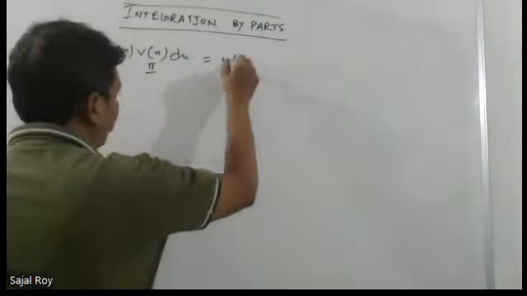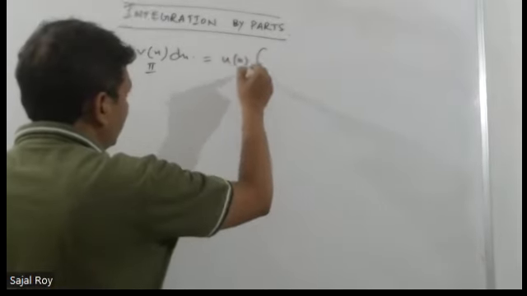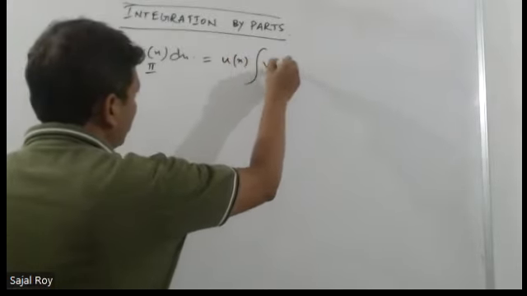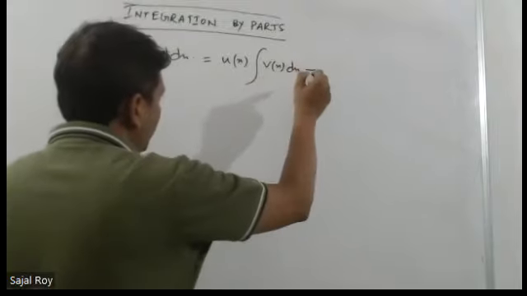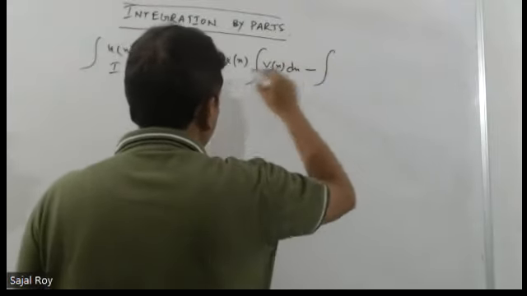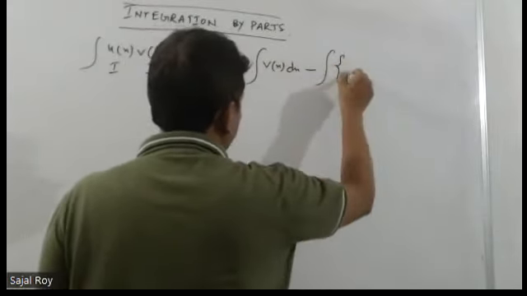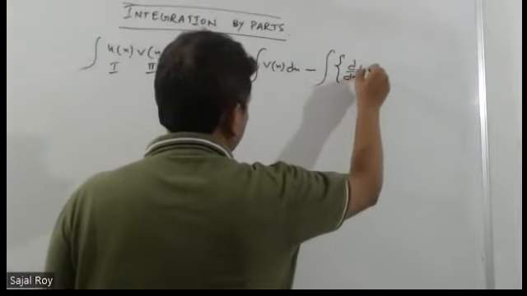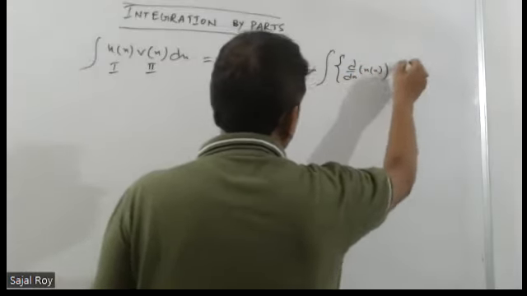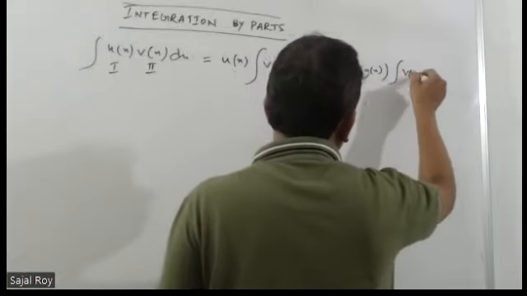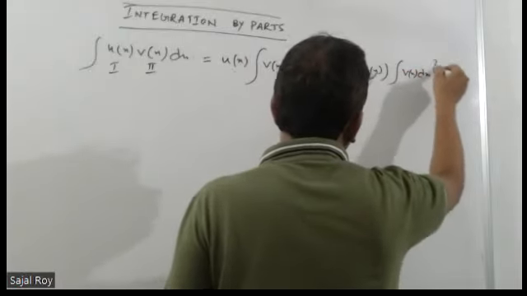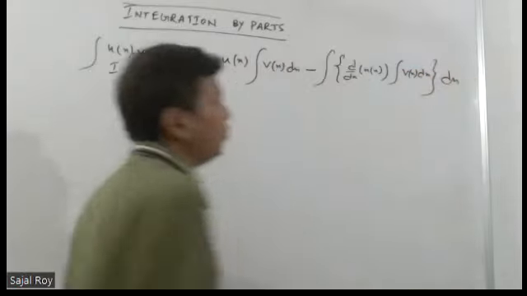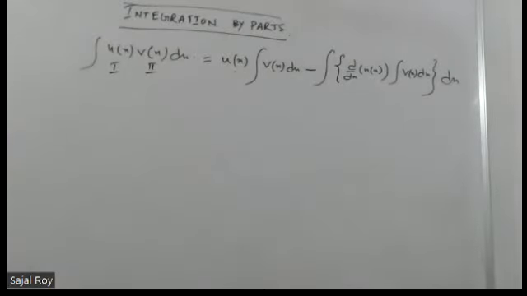So the first function is kept constant, times the integration of the second function, minus the derivative of the first function, and the same integration, and on the result you integrate.